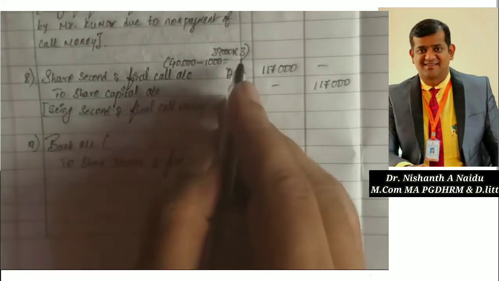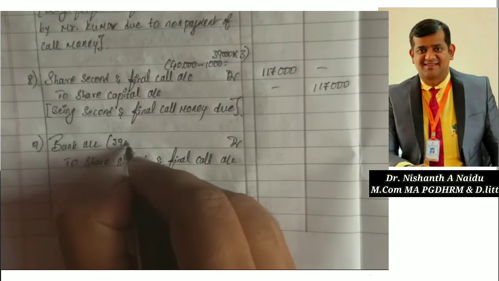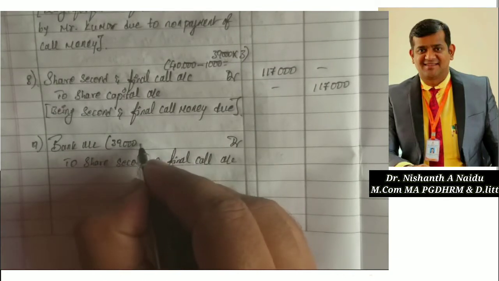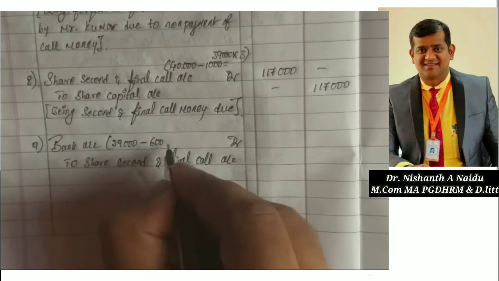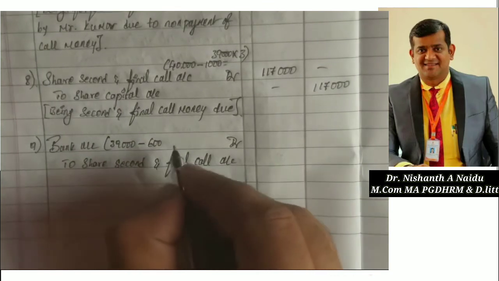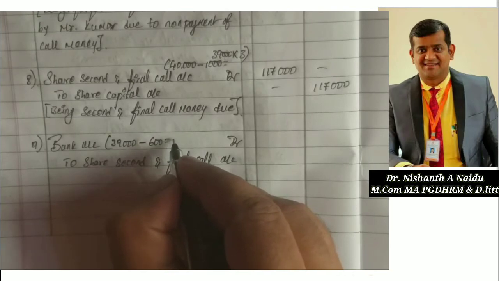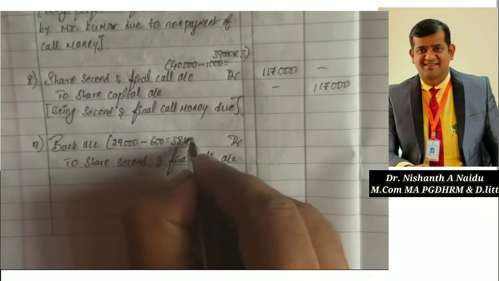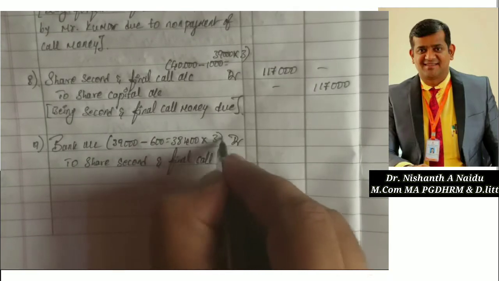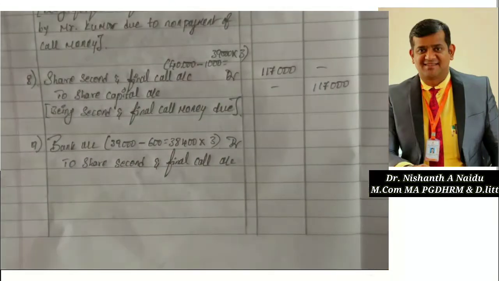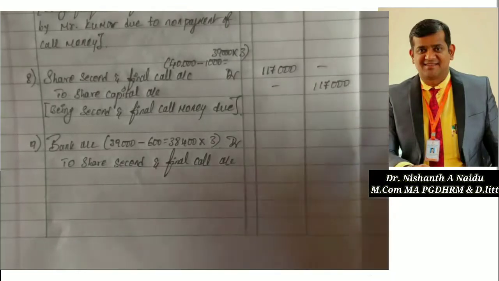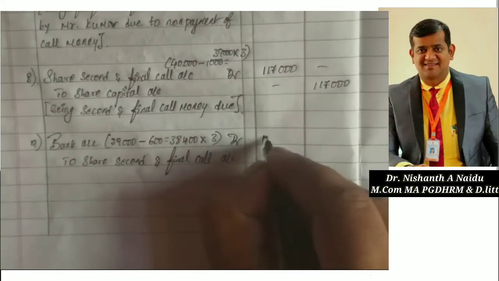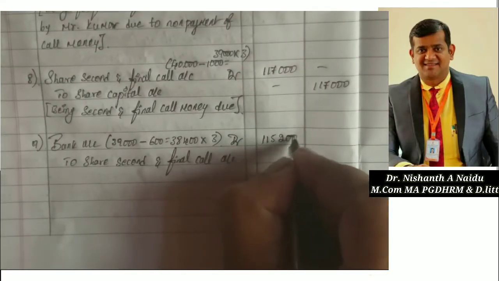So here on 39,000 shares we are supposed to receive the final call, but the holder of 600 shares, Mr. Kiran, did not pay both the calls. So deduct those 600 shares. So how much are you going to get? 38,400 shares into 3 rupees. So calculate 38,400 into 3 rupees. So you are going to get 1,15,200.